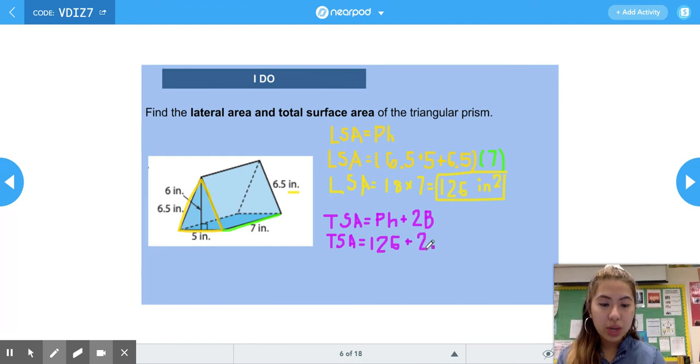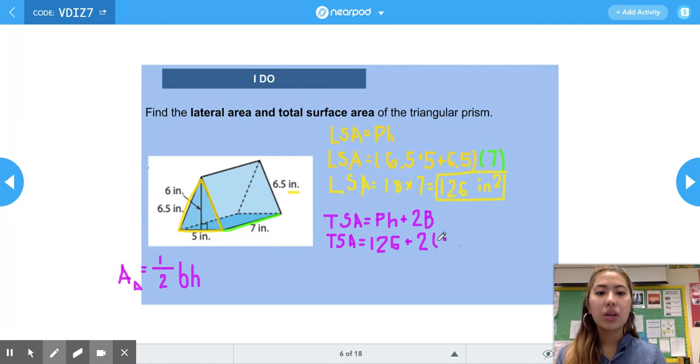So I have 2 times my area of the base. As a reminder, the area formula for a triangle is half times base of the triangle times height of the triangle. So we have half times 5, times our height of the triangle, which is 6.